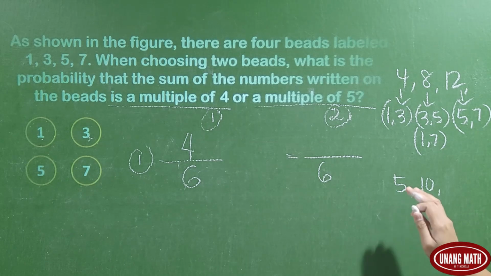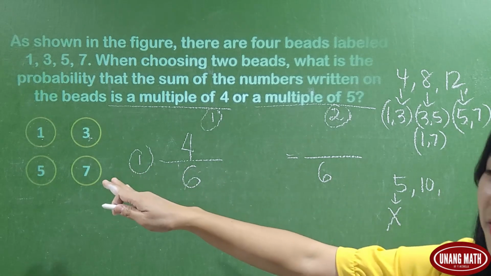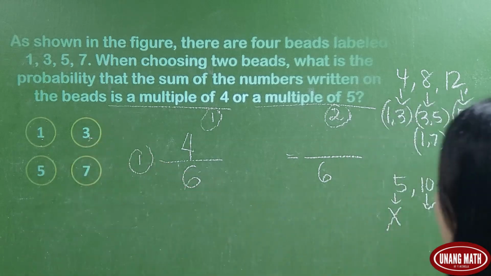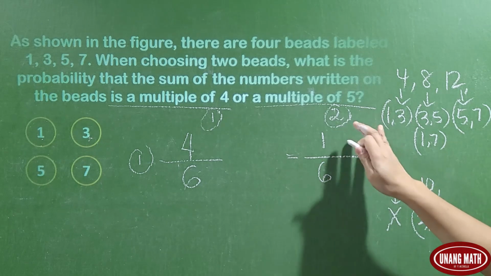Let's try 5. For 5, we don't have two numbers that add up to 5. If it's 10, then it would be 3 and 7. 3 plus 7 is 10. Other than this, no more. So we only have one favorable outcome for our second event.